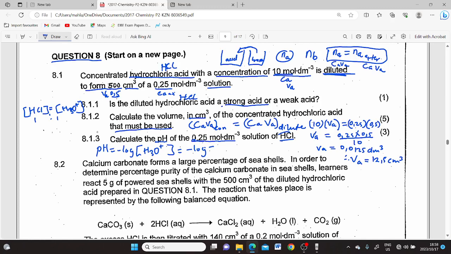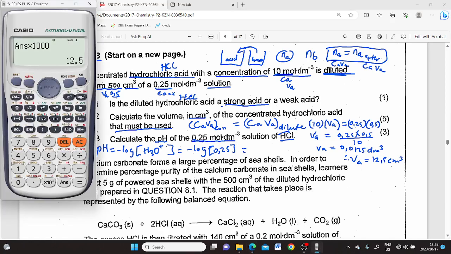So now we're going to have the concentration of 0.25 here. Let's press that on the calculator: negative log of 0.25.